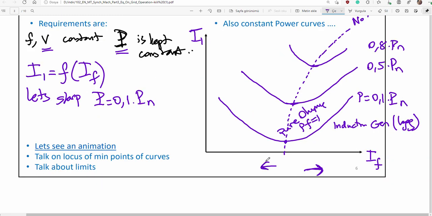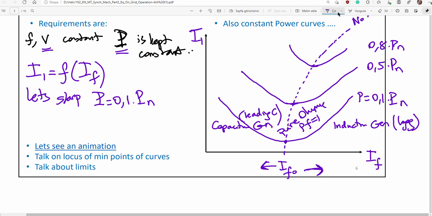By decreasing field current from a certain value, the machine is operated in capacitive generator mode, or leading current generator. The left hand side of the no load curve belongs to capacitive operation of the generator, and the right hand side belongs to inductive operation of the generator.